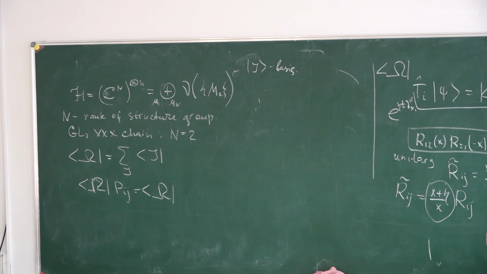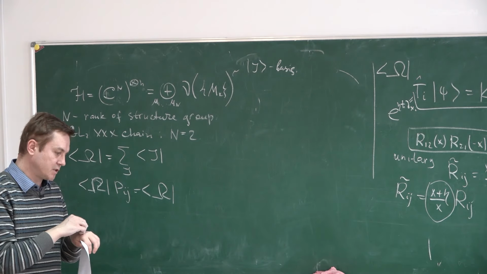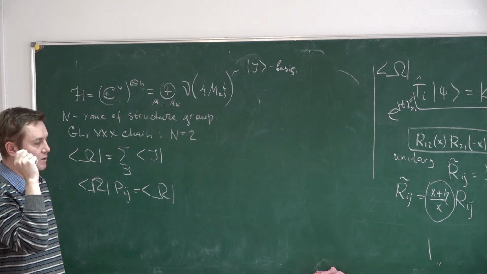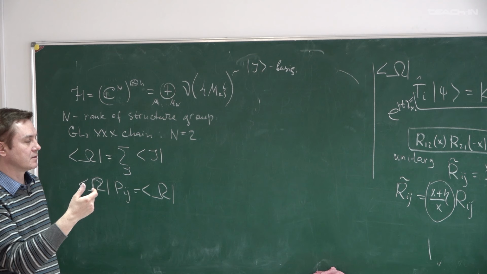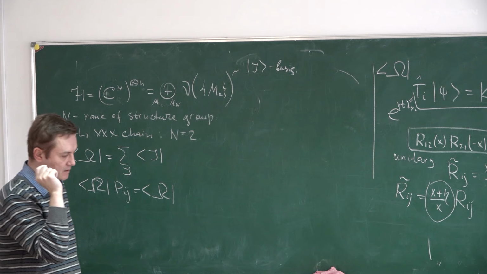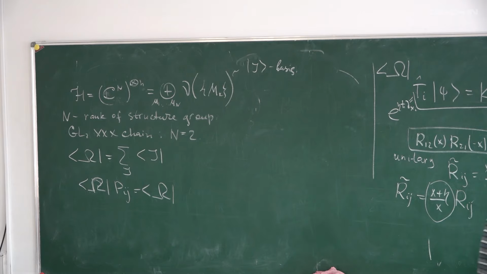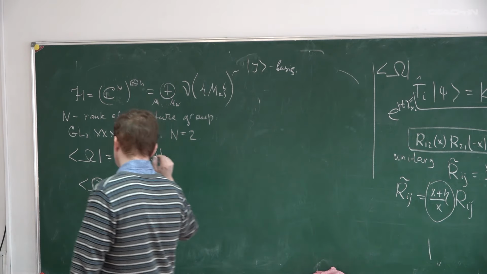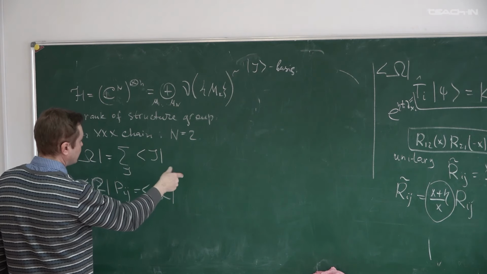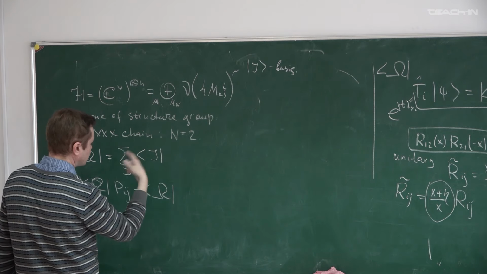So you fix, for example, a configuration corresponding to the spin chain where two sites are with spins up and the rest with spins down. Then you write down some basis element in this space, and you symmetrize over all possible permutations.